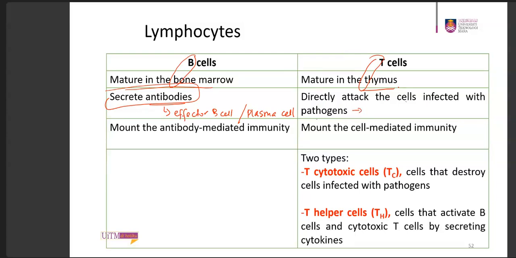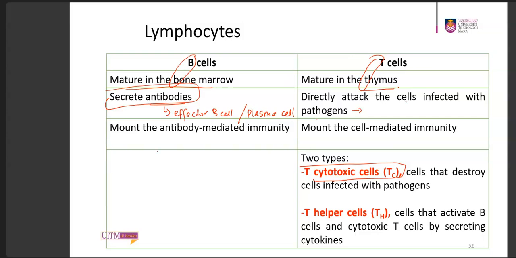This one is referring to the cytotoxic T cell. Okay, directly attacks infected body cells. Okay, body cells or the whole cell that is infected with the pathogen. So this cell will be destroyed by the cytotoxic T cell.